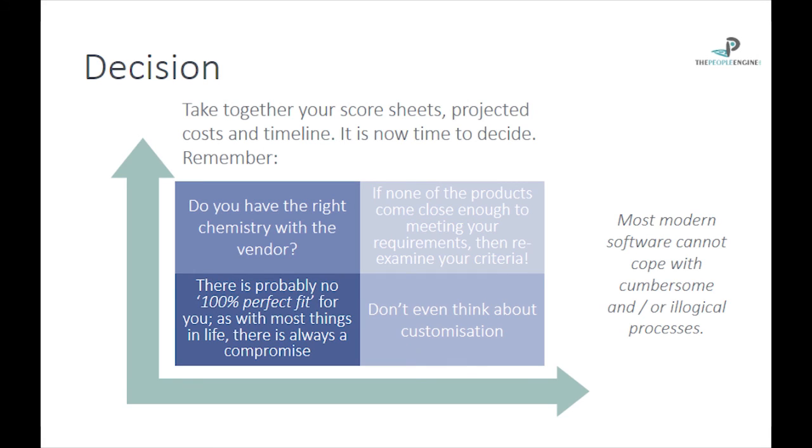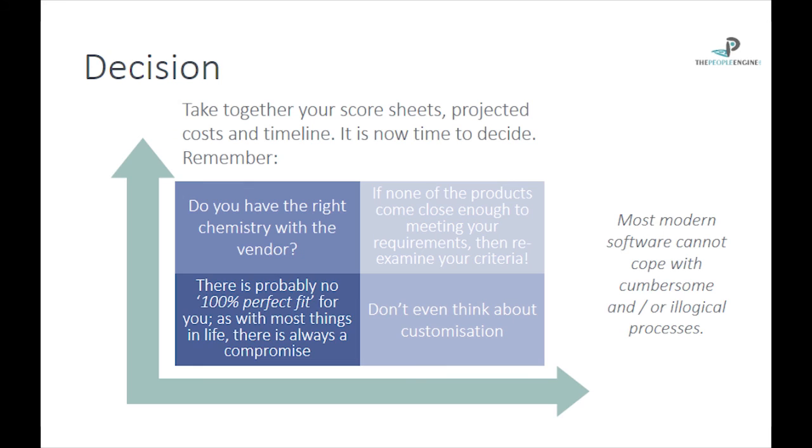We look at the costs from our previous work. We look at the timelines and so on, and we decide, apart from just the facts that you have, it could be other things that come into the equation as well. Do you have the right chemistry with the vendor?